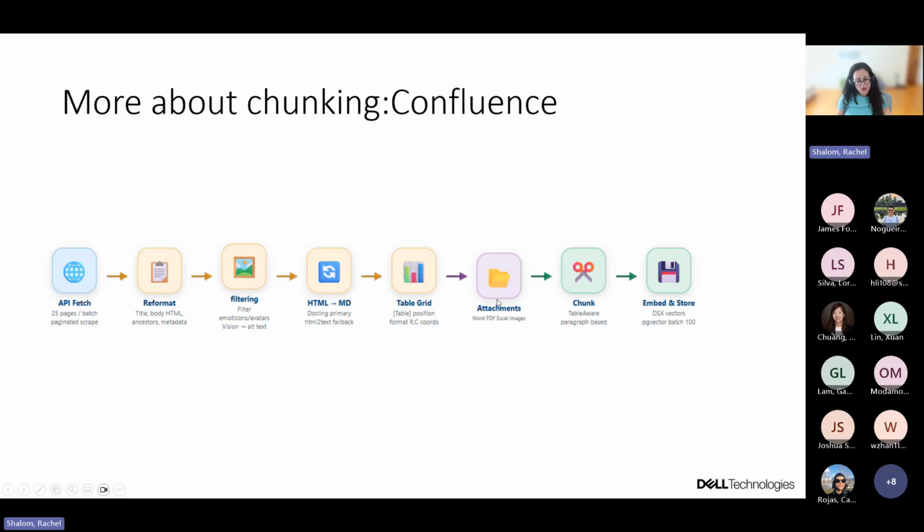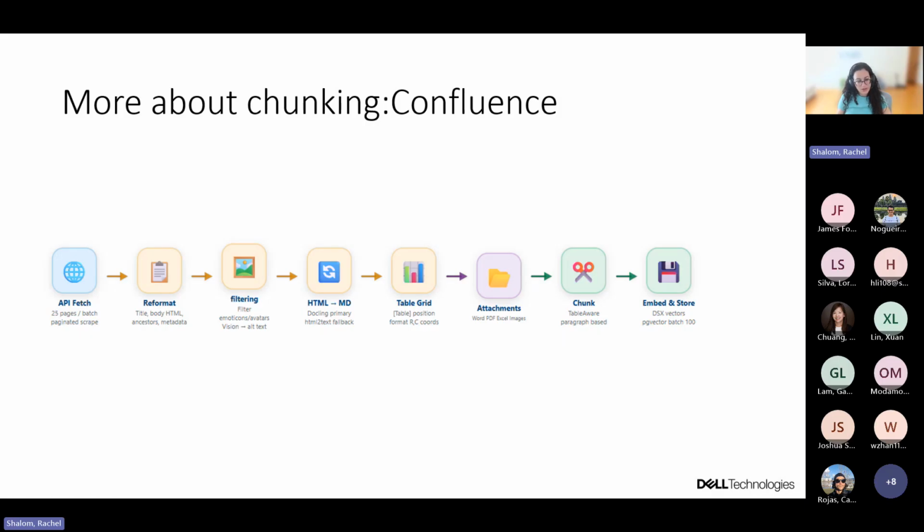We also do attachments, meaning if you have attachments in Confluence, like images, Excel files, PDF, Word, everything, we read, we clean, and we chunk. After it's ready, we chunk all of it. It's table aware, meaning if you have a very, very long table, how do you chunk it?